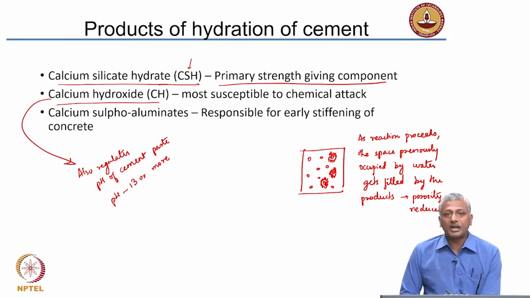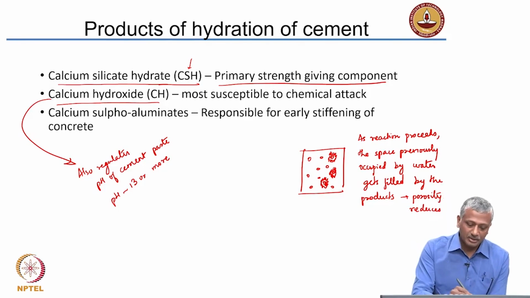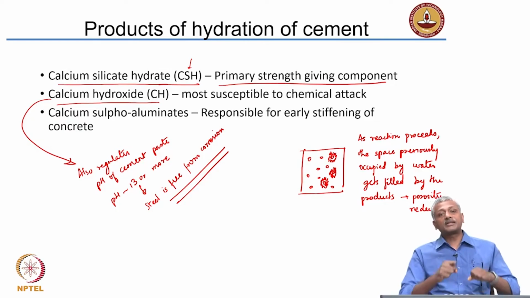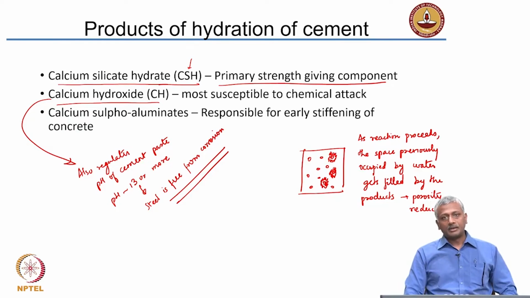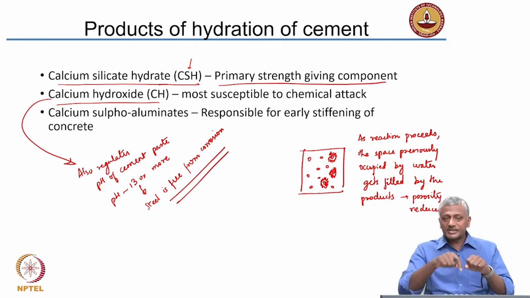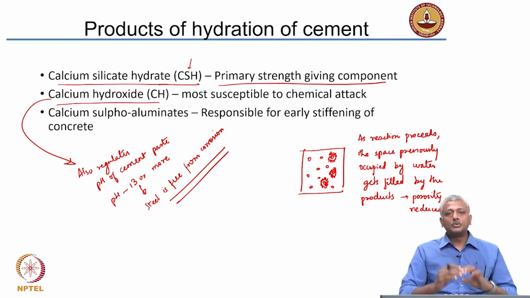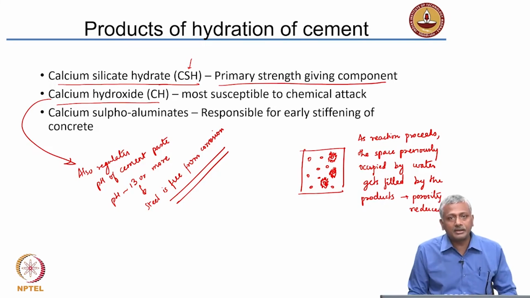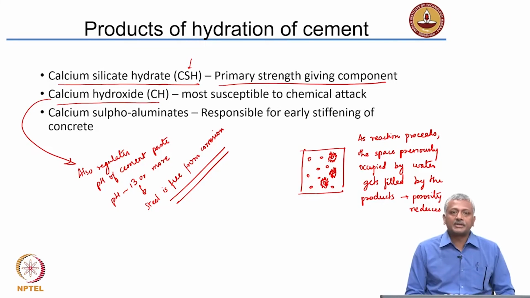And interestingly, at this pH, steel is free from corrosion. When the concrete produces a very highly alkaline environment, it protects steel from corrosion. When you have conditions that reduce this alkalinity, you will lead to corrosion of steel. So, you want this highly alkaline environment, which is getting regulated by calcium hydroxide, to be present in your system.